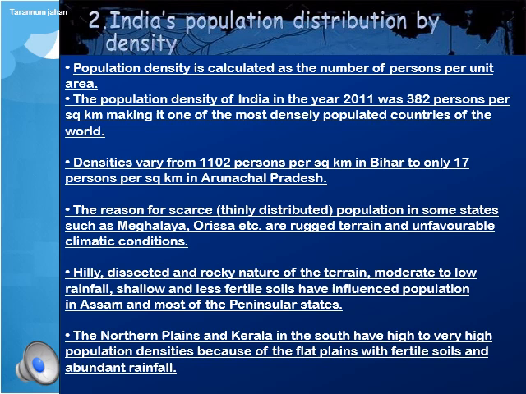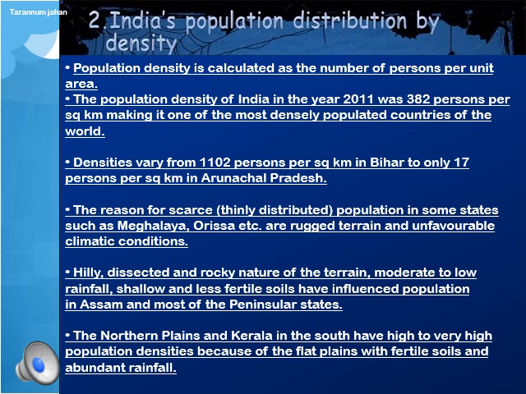The density varies from 1102 persons per square kilometer in Bihar. Usually in Bihar there are around 1102 people living per square kilometer, whereas in Arunachal Pradesh only 17 people live per square kilometer.